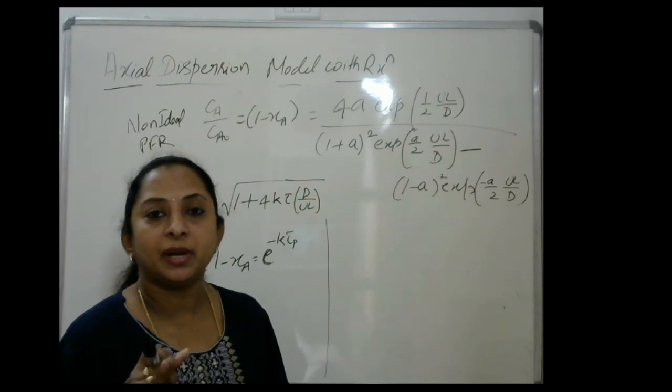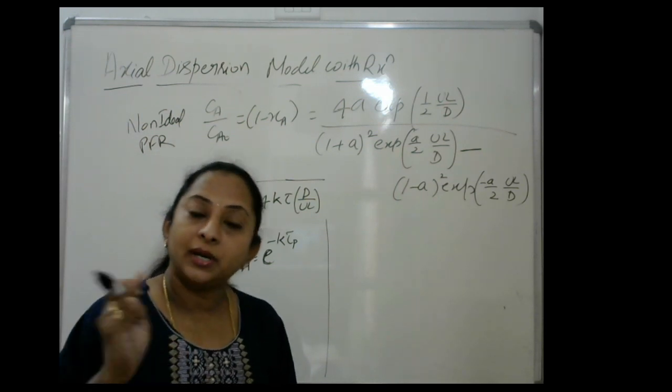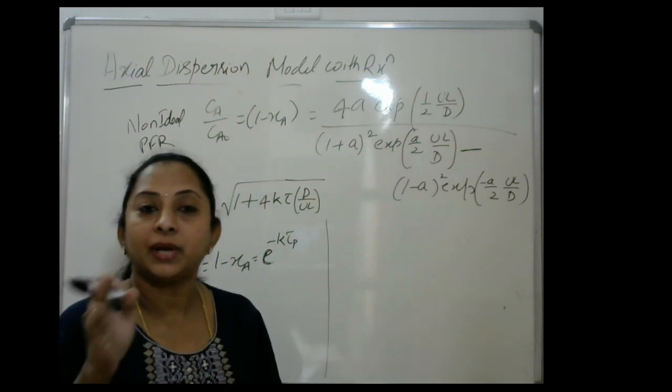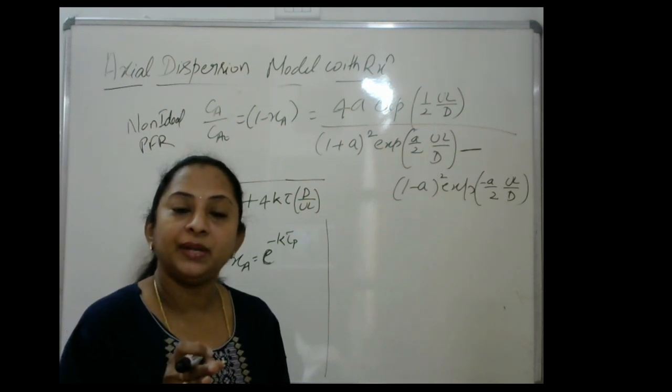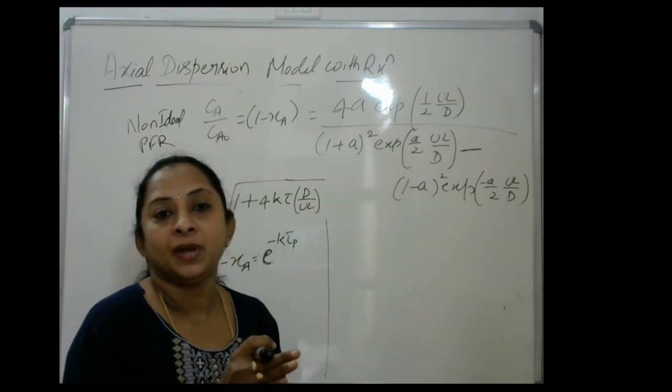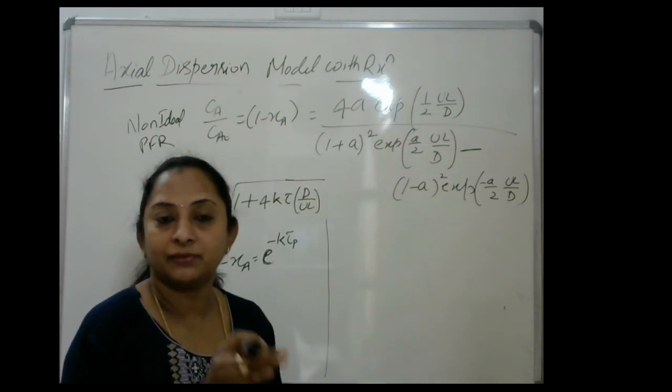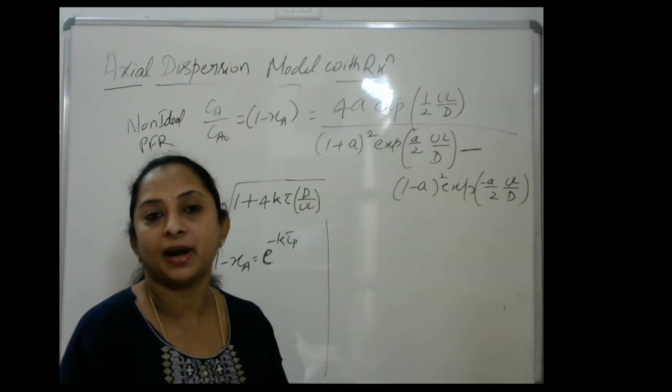Once you have D by uL, you can go back and do the back calculations. Once you have D by uL, you can calculate E theta. Once you have E theta, you can calculate sigma, and then the number of tanks.